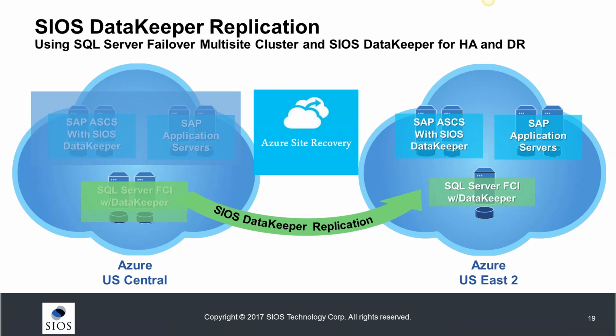With Enterprise Edition, it's a little bit more straightforward because you can simply add a third node to your cluster in US East 2, but you can certainly do what we call cluster-to-cluster replication. So you might deploy a 2-node cluster with SQL Server Standard in US Central, and then replicate that to maybe a single node cluster in US East for disaster recovery.